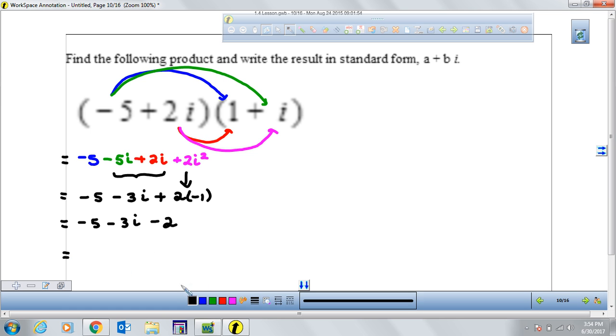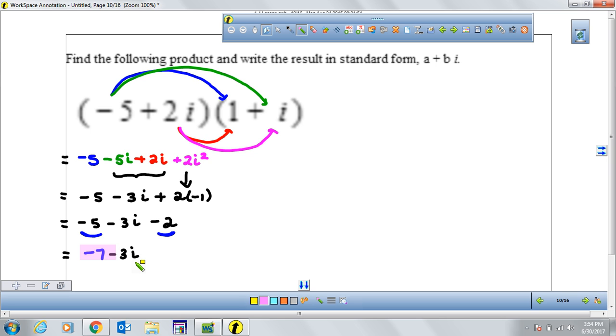And the last thing we can do is combine like terms. We see that the like terms are going to be negative 5 minus 2, which is negative 7, and we're going to bring the minus 3i down. So this is my solution in the form a plus bi, negative 7 minus 3i.